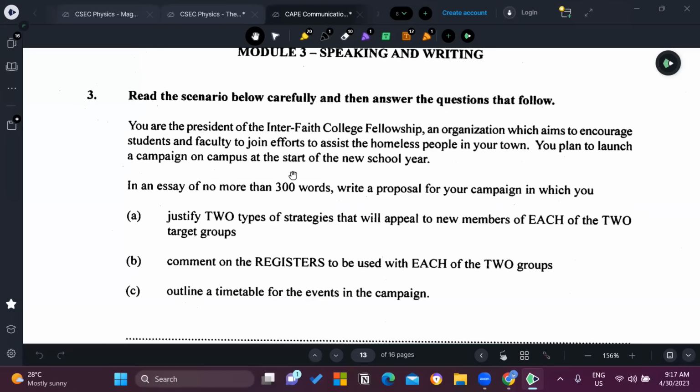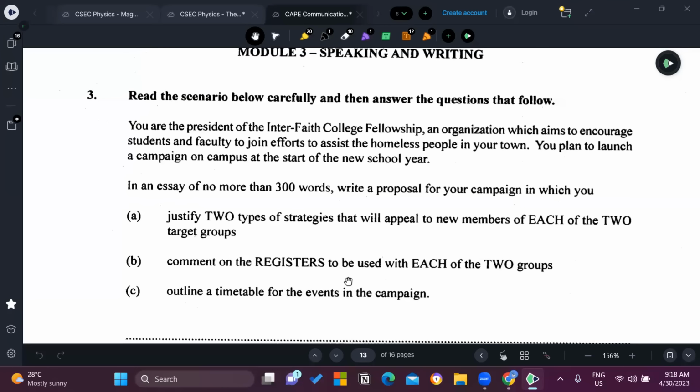In an essay of no more than 300 words, write a proposal for your campaign in which you justify 2 types of strategies that will appeal to the new members of each of the target groups. Comment on the registers that you used with each of the 2 groups, and outline a timetable for the events in the campaign.